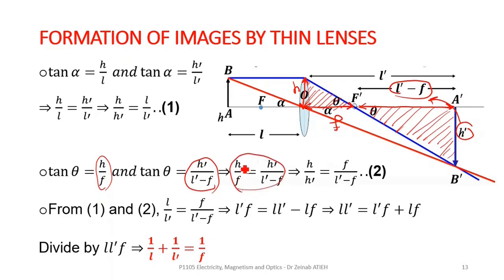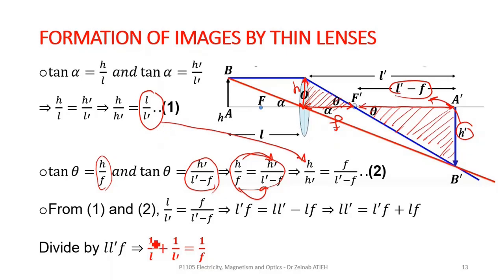Now change the shape of the fraction: this over this and this over this. We will get h over h prime equals F over L prime minus F. This is the second equation. Now from the first equation, I'm going to replace L over L prime with h over h prime.